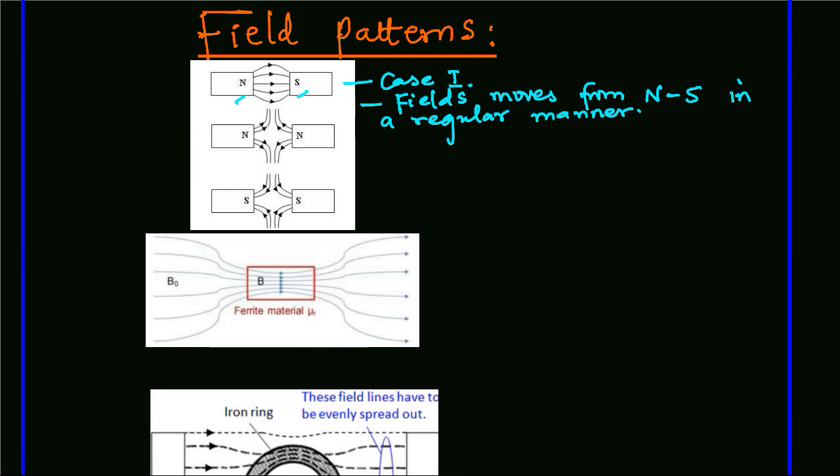However, when two norths are brought together, a repulsion is experienced, shown by field lines trying to repel one another.